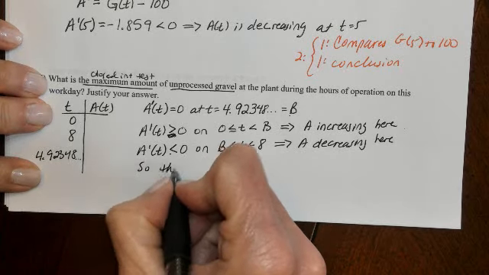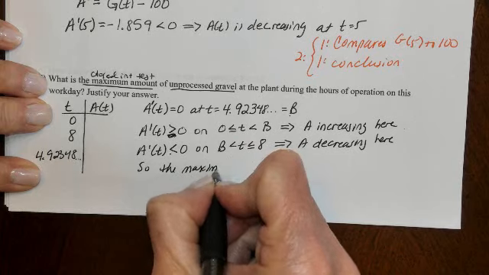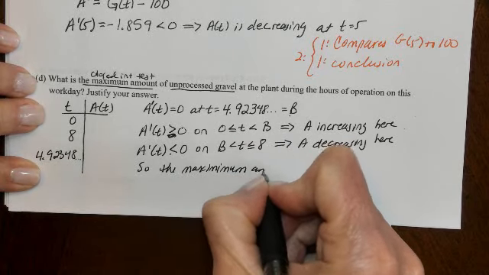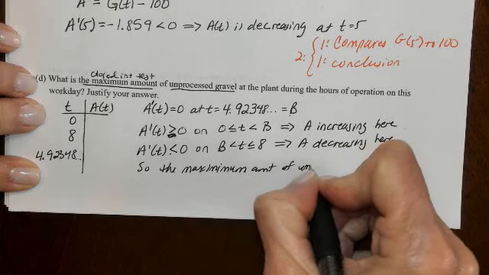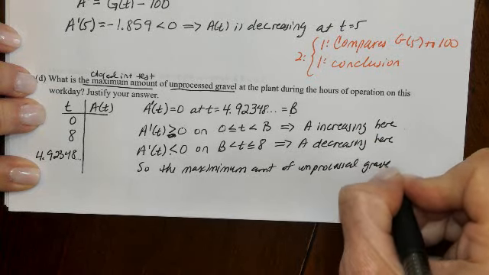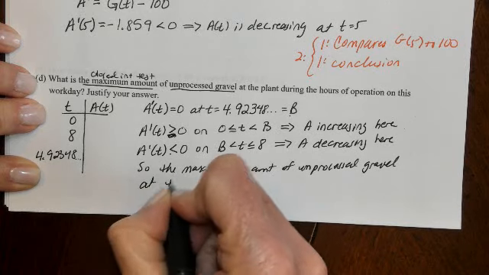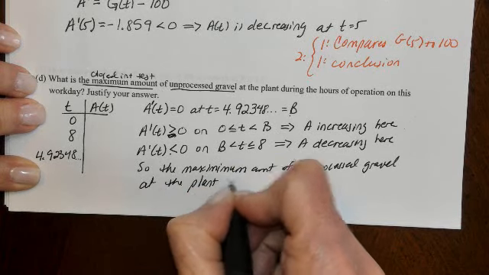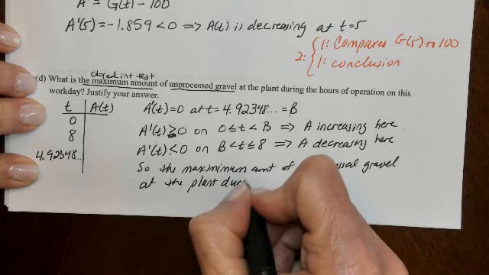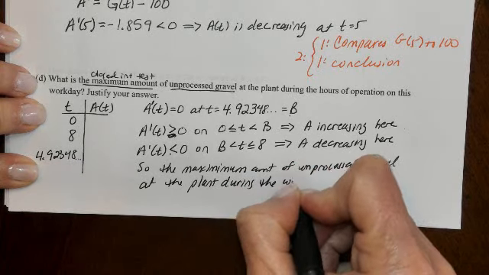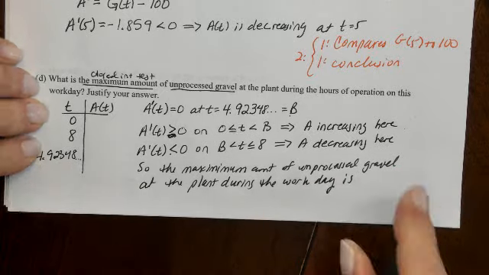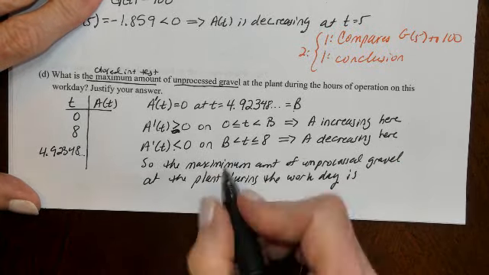So the maximum amount of unprocessed gravel at the plant during the workday is now maximum.